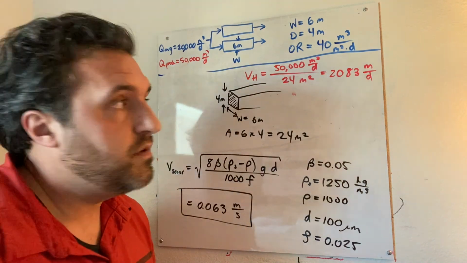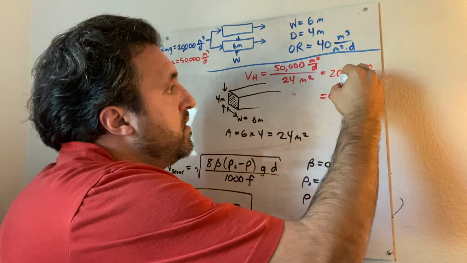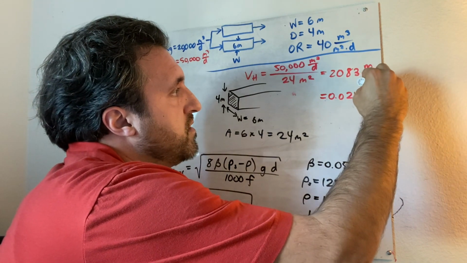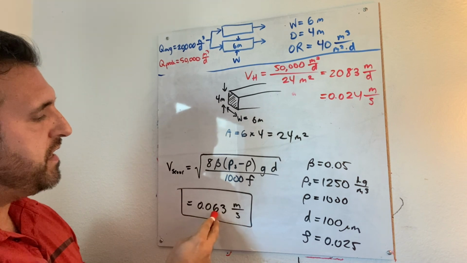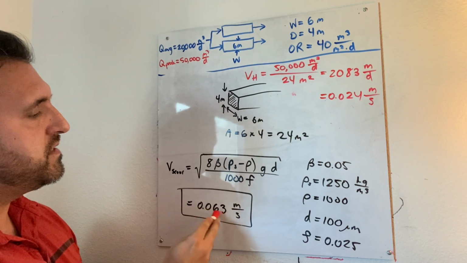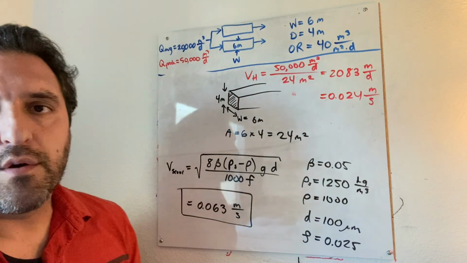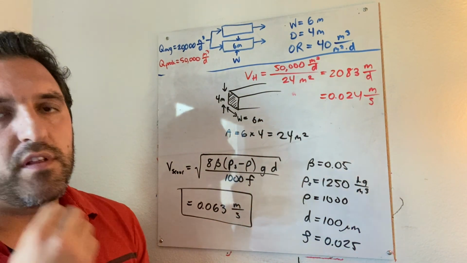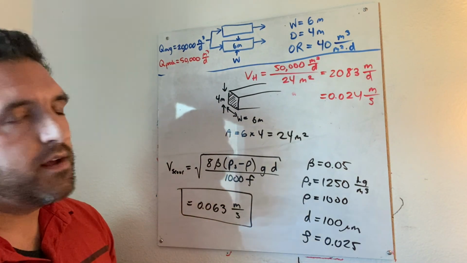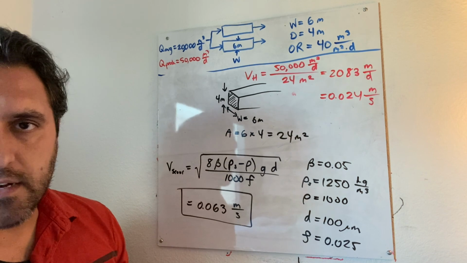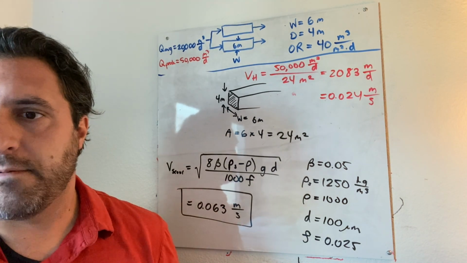So it's equal to 0.024 meters per second. And if we look at our scouring velocity, 0.063 meters per second, we are still below that scouring velocity. So even under peak flow conditions, we are not going to scour away a 100 micron particle of primary settled sludge. All right, so that checks out.